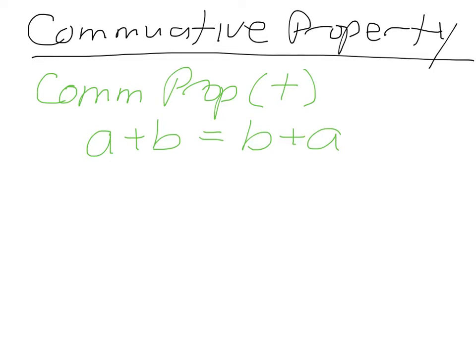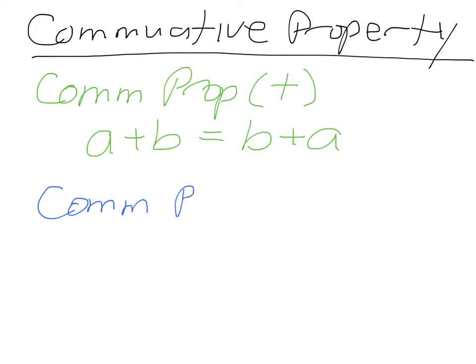I always think of commutative like commuting, like I'm going there and back, and it doesn't matter if I'm going from home to school or school to home, or vice versa, it's still the same distance.